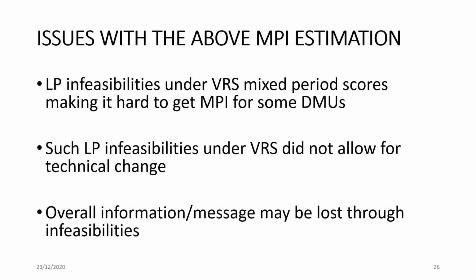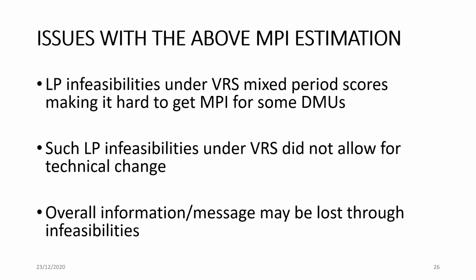The other clear thing is that such infeasibilities did not allow for the calculation of the technical change because it relies on the cross-period efficiency scores. And so overall information may be lost through infeasibility. I use the word may because if those infeasible firms are few, then information loss may not be that much. If they are not few and they are many, the information loss may be great.